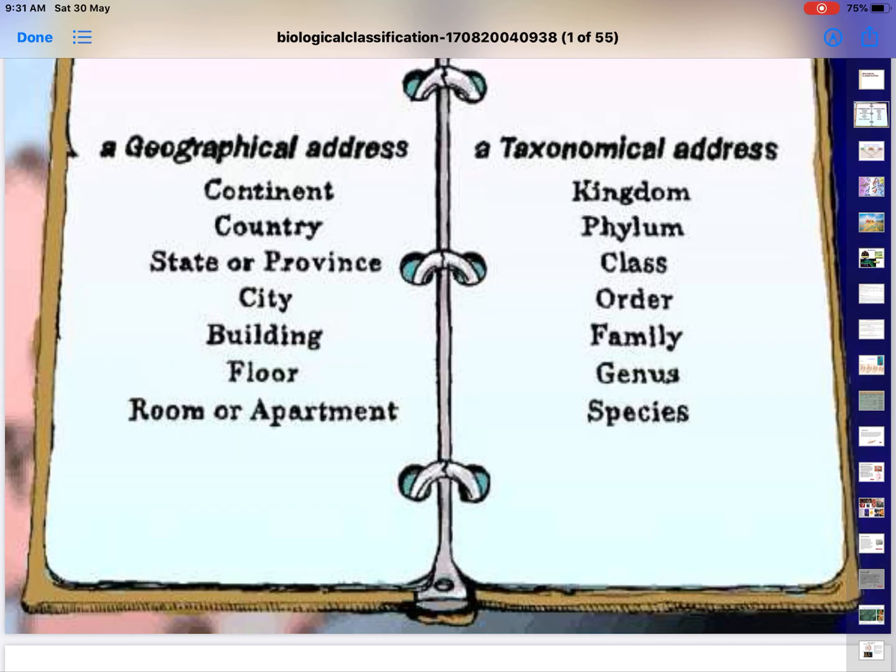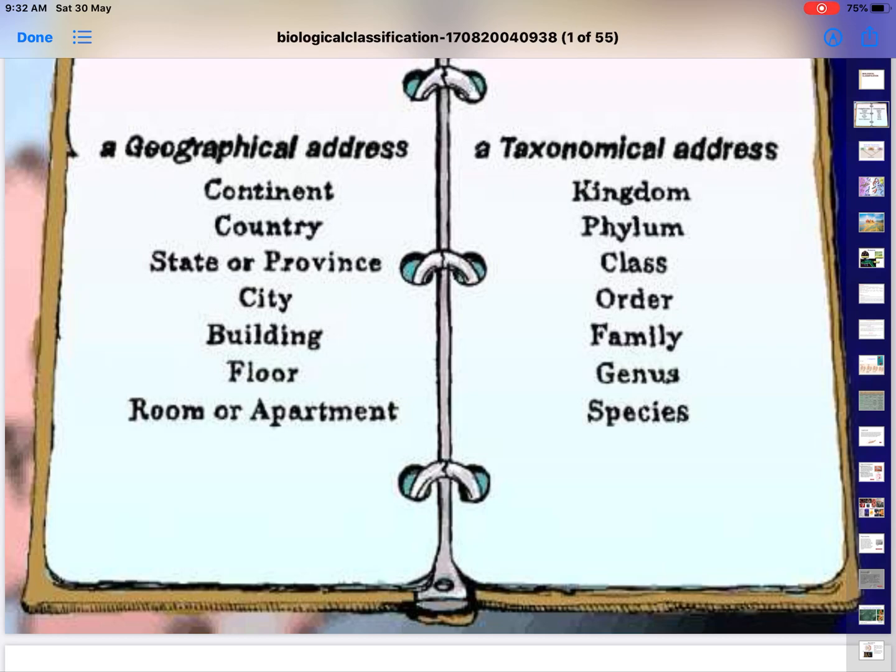As we move from species to phylum, the common characters will narrow down. So broad characters, one or two, will be there in phylum, whereas in species, as we have well defined, it has maximum characters and they live in a particular habitat and are able to reproduce and produce similar offspring.